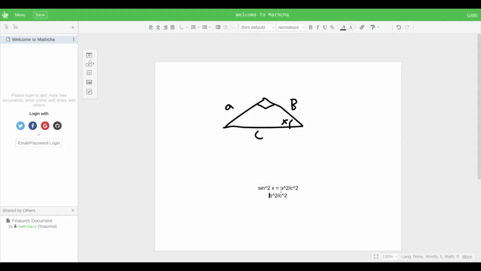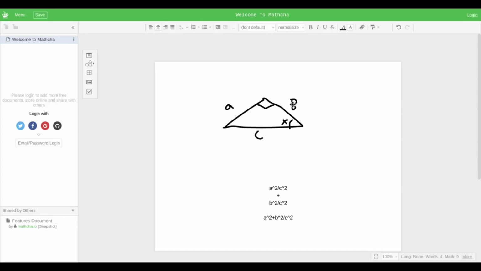Now, all we have to do is add these, because we have the sine squared and we have the cosine squared. So notice they have a common denominator of C squared, so we have A squared plus B squared over C squared.